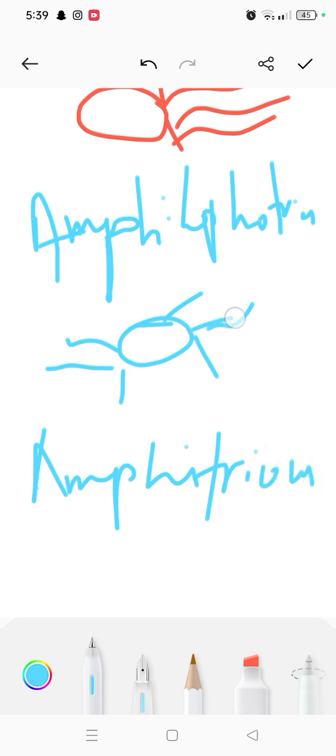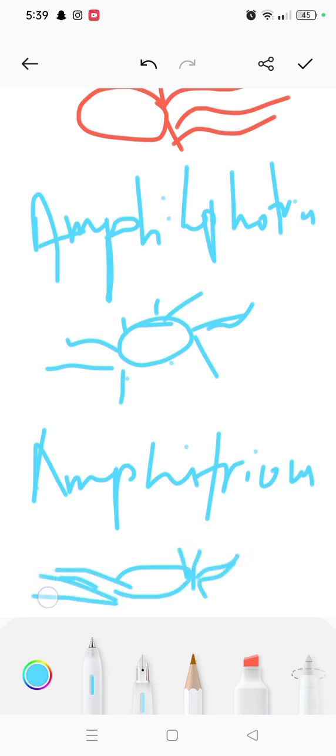In this, a few are present on all sides. Here you'll see clusters present on a lot of sides like these.